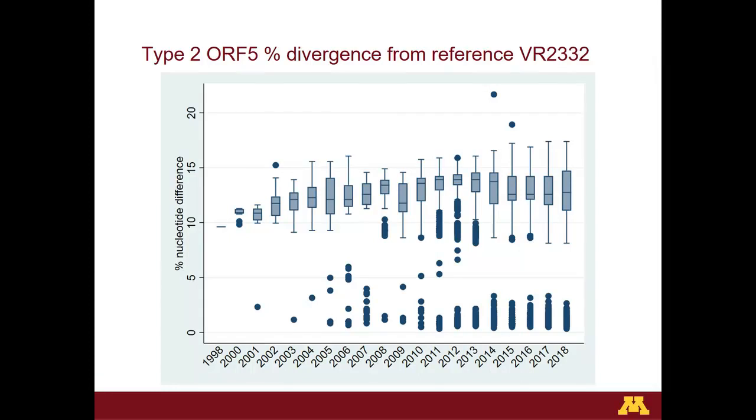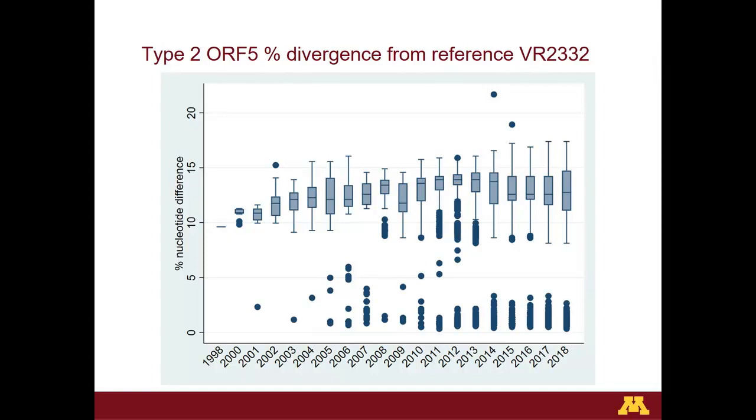Then we compared that to the reference VR2332, and we did that only for the type 2 sequences, just because it was what we had most in our data set, and it doesn't make a lot of sense to compare it with a completely different type. This reference VR2332 was isolated in 1992 and is a parent strain of one of the vaccines that is used in the field.